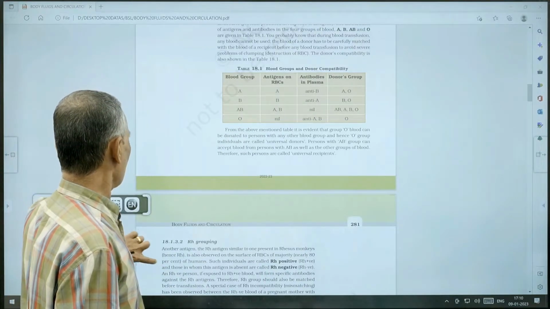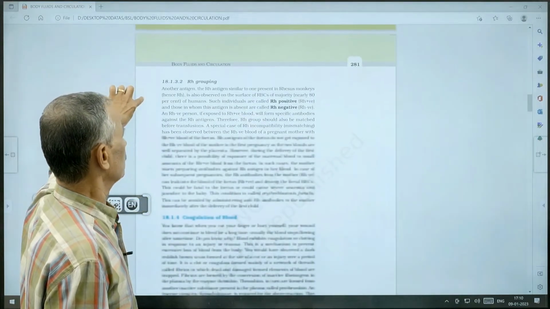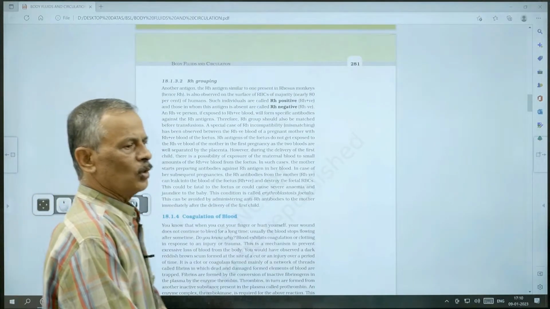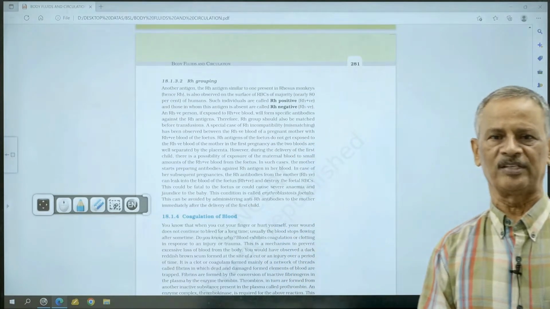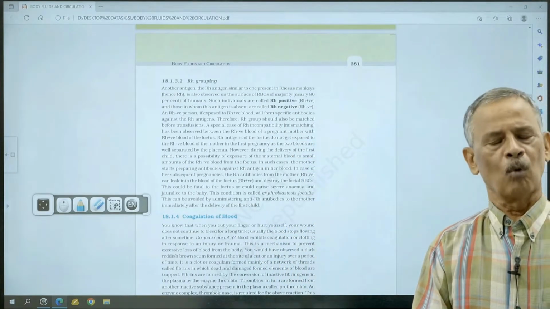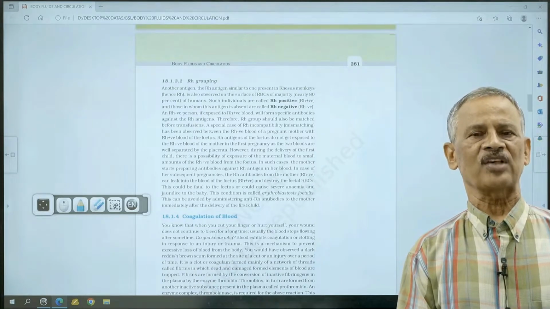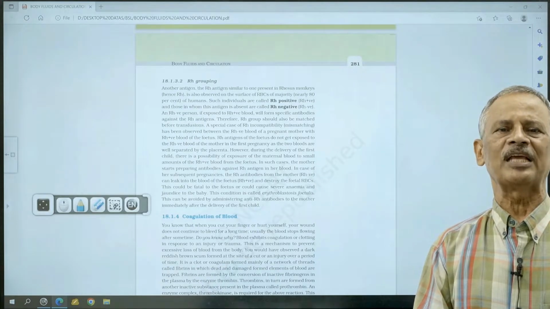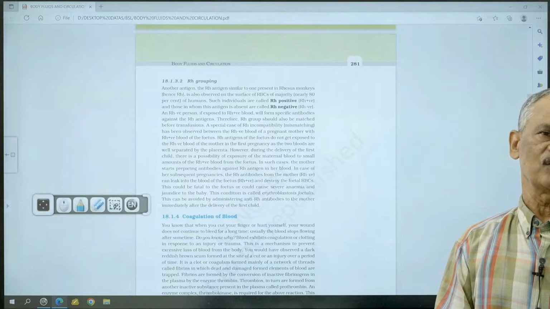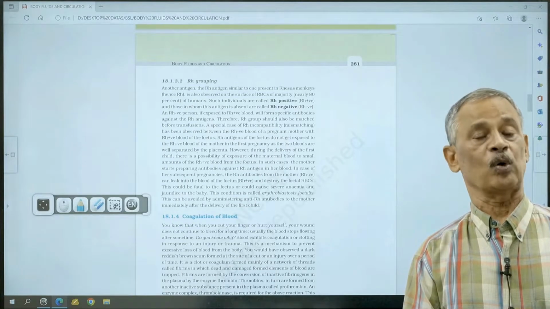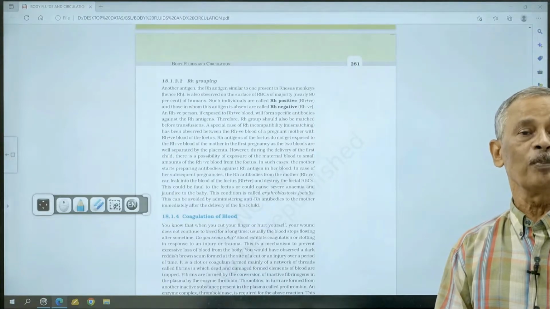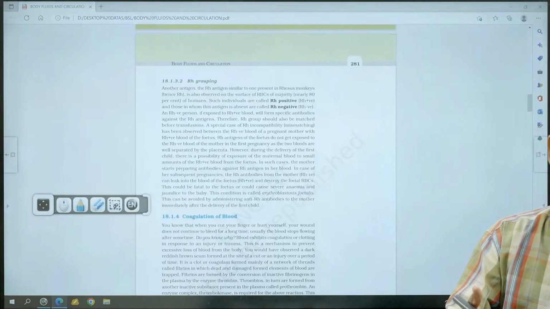This group is called RH group. That is, those which are having the same antigen that is present in rhesus monkeys. Most of the human population is also having the same antigen that is present in rhesus monkeys. Those which are having that antigen are called RH positive. So an A group man may be RH positive also.